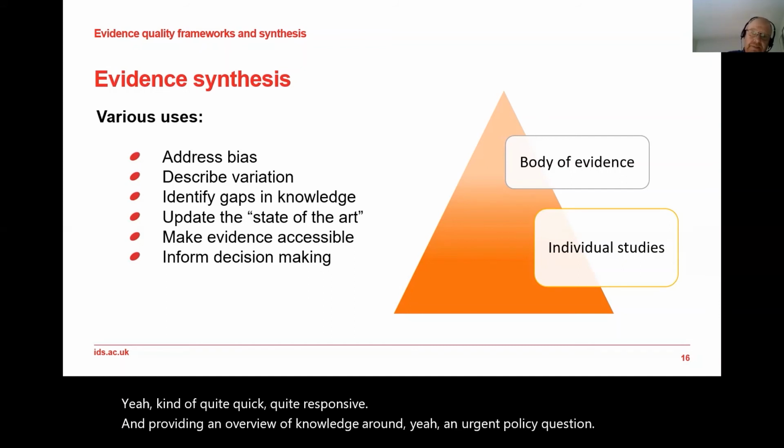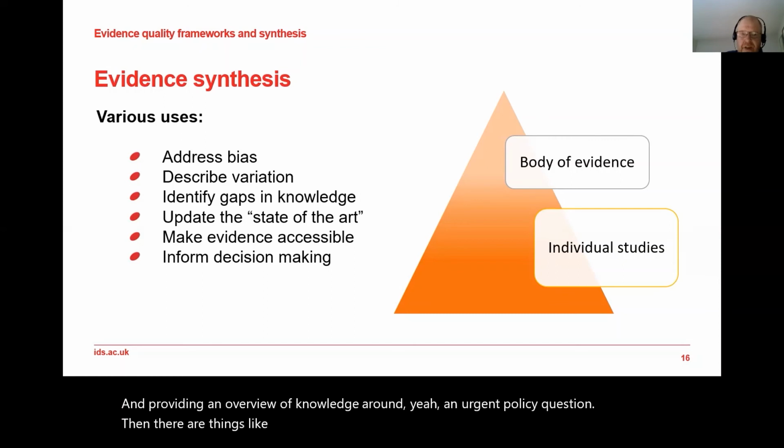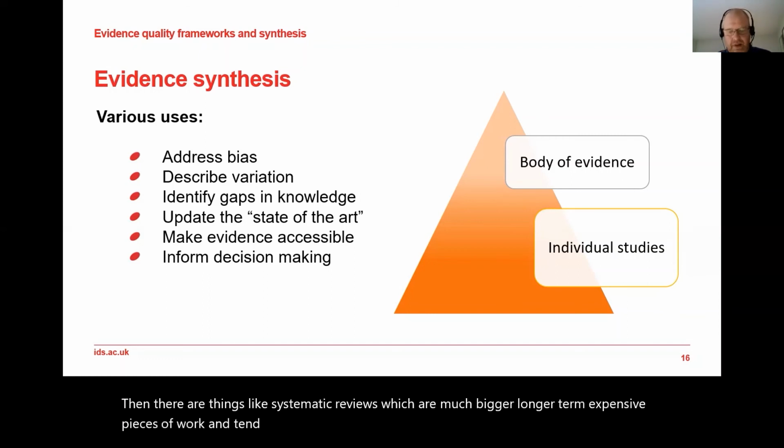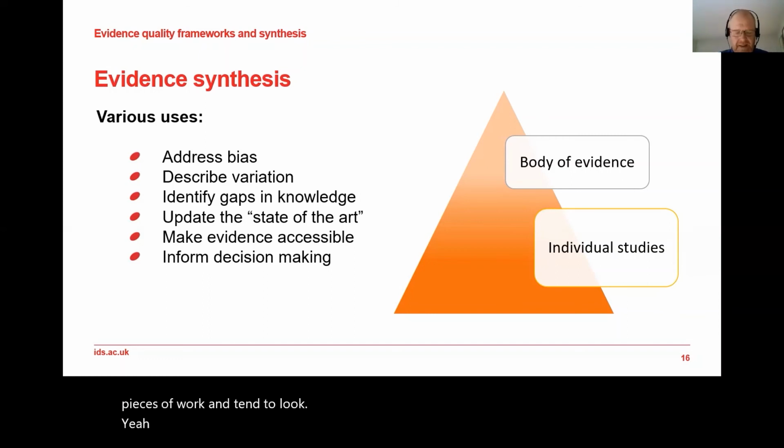Then there are things like systematic reviews, which are much bigger, longer term, expensive pieces of work, and tend to look very much for impact. So does intervention X really result in outcome Y?